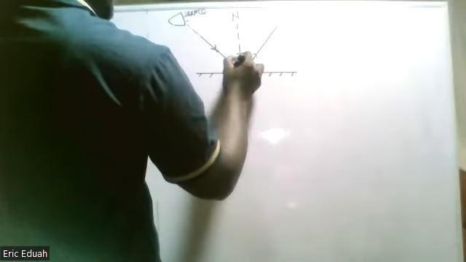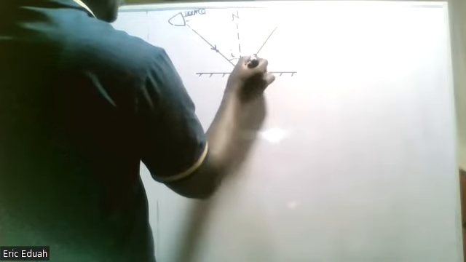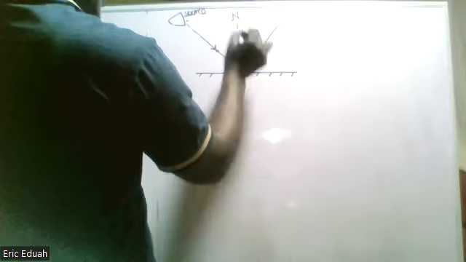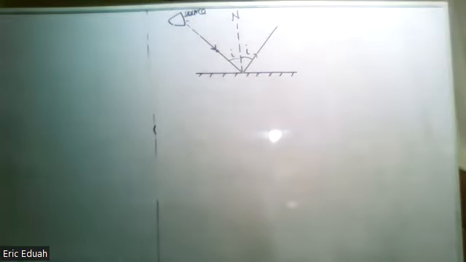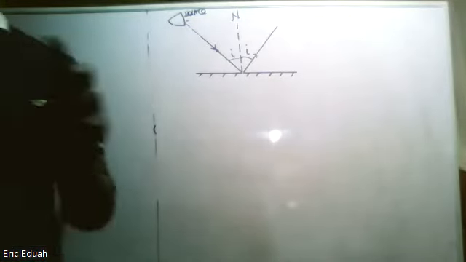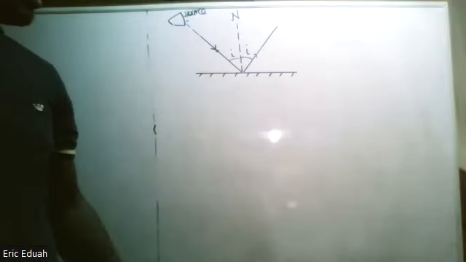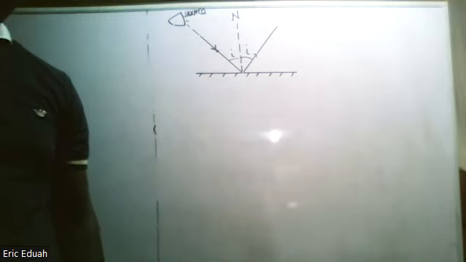Angle of incidence I would be equal to the angle of reflection R, which is also I. Instead of R, I'm using I because angle of incidence is equal to the angle of reflection.